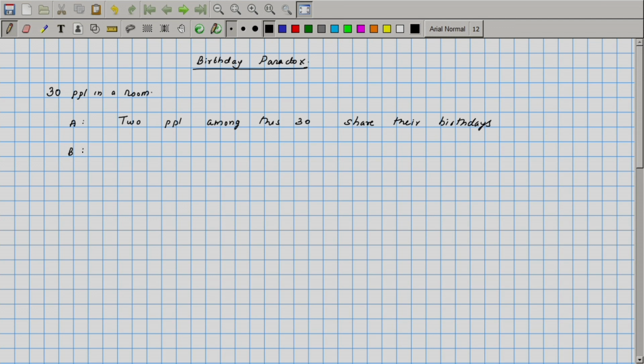And the other event is the complement of this event, that is, no 2 people in the room have the same birthday. Which of these 2 events is more likely?